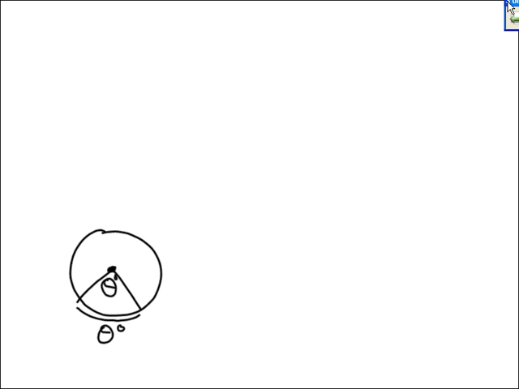Now, we're going to look at our theorem. Remember, if you have a central angle, whatever this angle is, call it theta degrees, this arc was also theta degrees. But what if it's not a central angle? What if you have an inscribed angle?